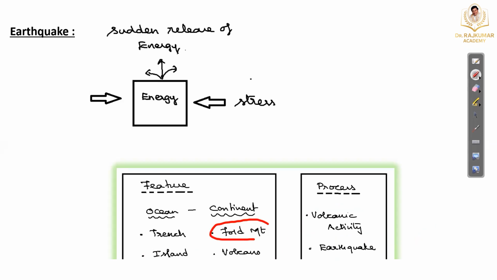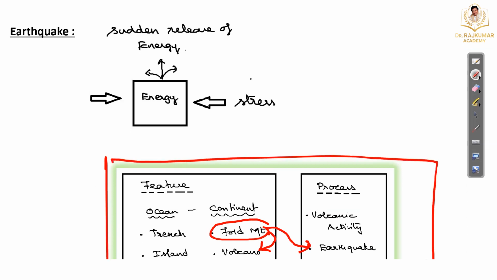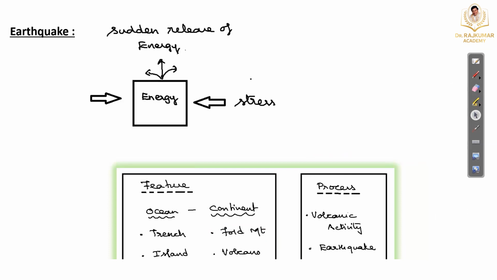So wherever I have a fold mountain, there I may find volcanoes, and they are also susceptible to earthquakes. This is the table of consolidation: all that we have discussed, where, what feature, and what process. Other boundaries may not take much time.